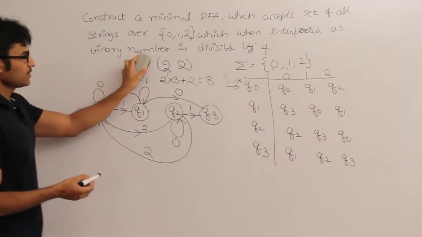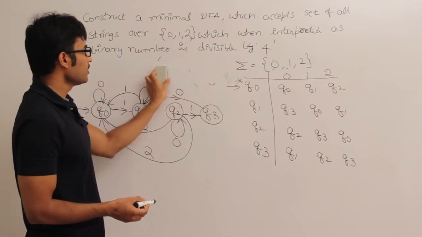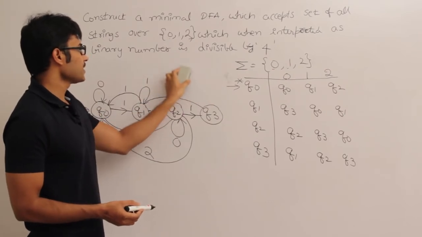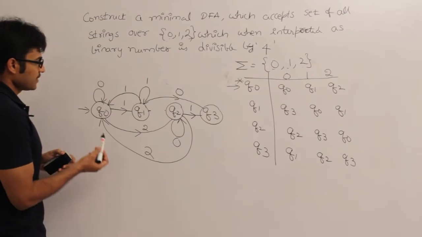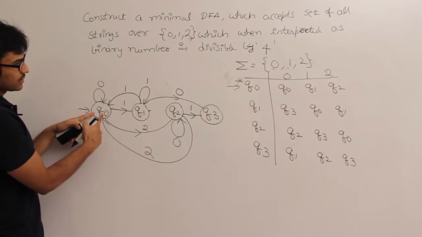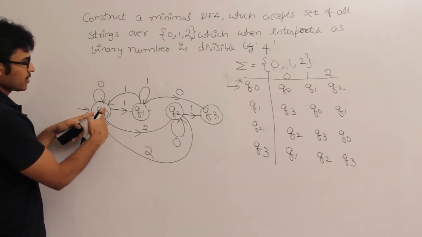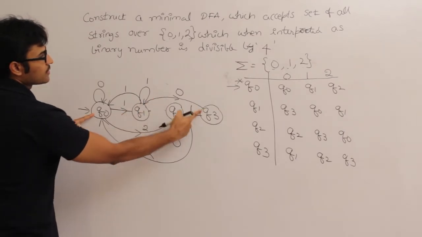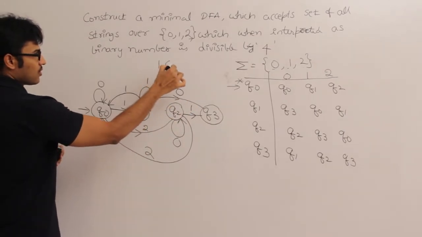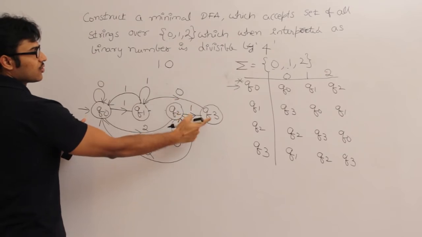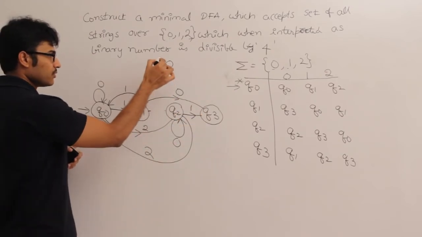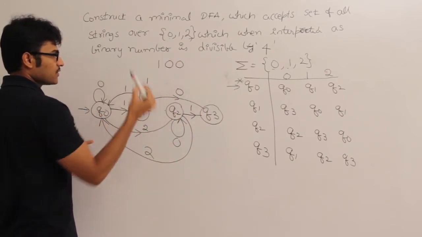Now let's talk about Q3. How did we reach Q3? By seeing some string which will lead us there. Let us say I am in Q1. How can I reach Q3? On seeing 1 and then 0. So on seeing 1, 0, I have reached Q3. Now in Q3, if I see a 0, what is it going to be?